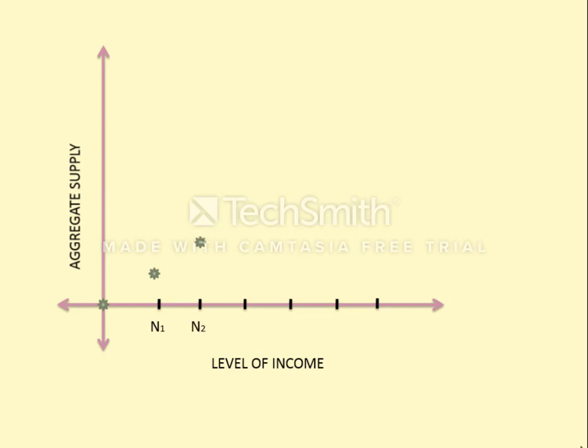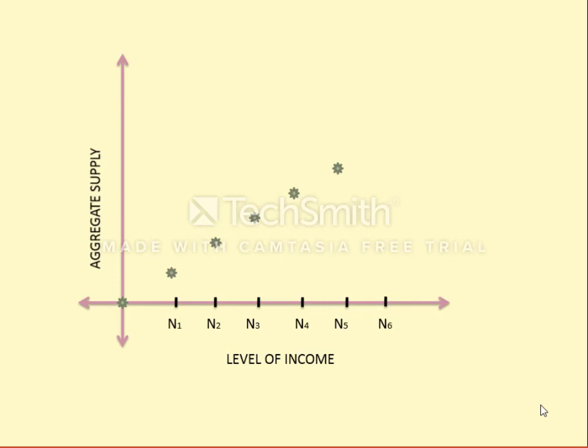As we employ more and more factors, there will be an increase in the production and therefore aggregate supply. Thus, there is a positive relation between level of income and the aggregate supply. However, will this continue forever?